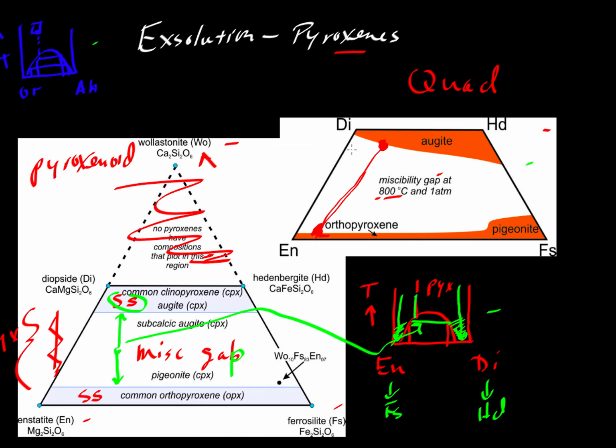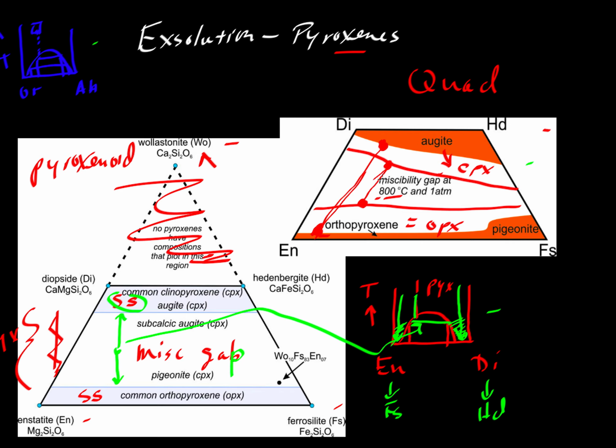But if we were to increase the temperature to, let's say, 900 degrees, we might have a miscibility gap that's quite a bit narrower. I'm just going to draw it, this is really schematic here. Let's call it 900, 950 degrees. Then the separation between the clinopyroxene, or augites, on the one hand, which are the same as our clinopyroxene, we'll just write as CPX, and orthopyroxene, OPX, would be lower.